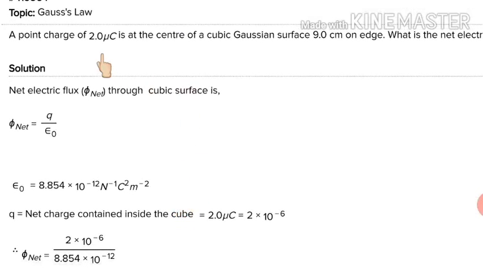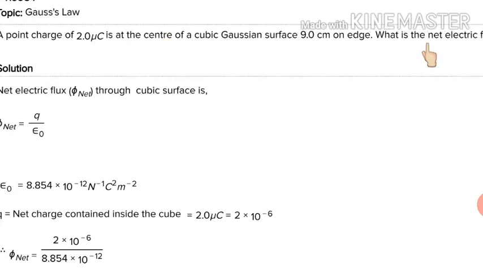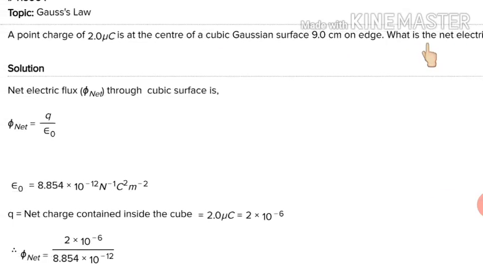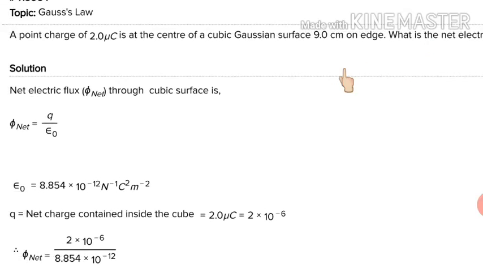Next question is this. A point charge of 2.0 microcoulomb is at the center of a cubic Gaussian surface 9 centimeter on edge. So they are talking about a cube, with the charge placed at the center and the edge of 9 centimeter. What is the net electric flux through the surface? We will use Gauss law, which says that flux is Q upon epsilon naught.